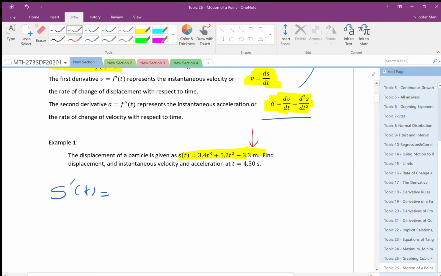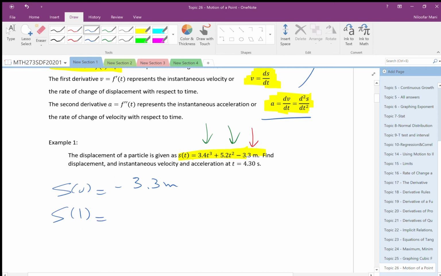For example, if t is 0 seconds, it's standing at minus 3.3 meters. But if I have t equal to 1 second, it's changing because I have to substitute 1 here. So here let me show you. Here you have s of 0 is minus 3.3 meters. This is at the beginning, but after 1 second, what happened?